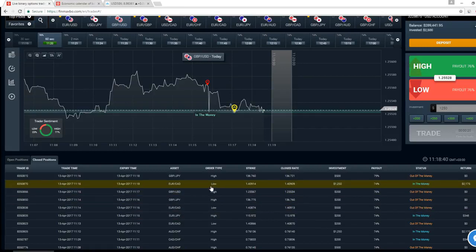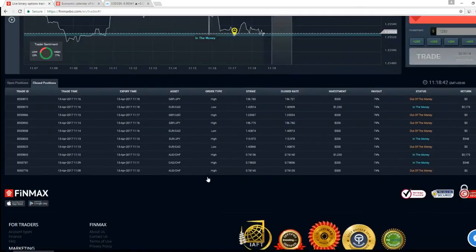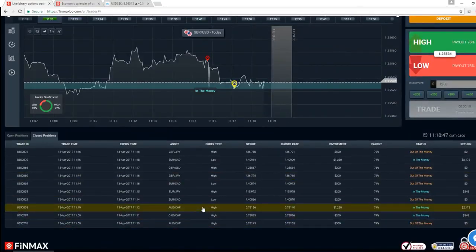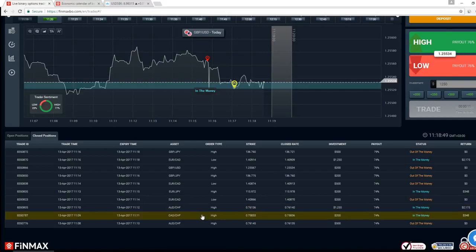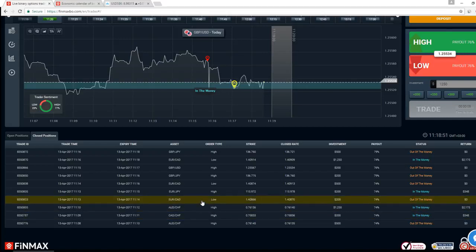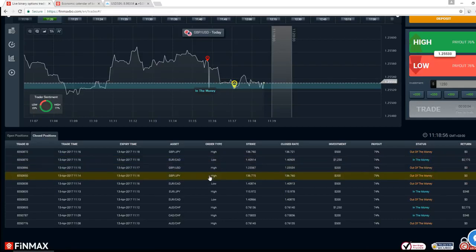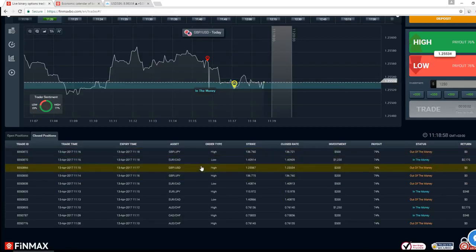Euro to Canadian, okay, in the money. Let's see all that we have. Australian to Swiss franc in the money. Canadian, okay. Euro to Canadian, okay. British pound to Japanese yen, not yet.